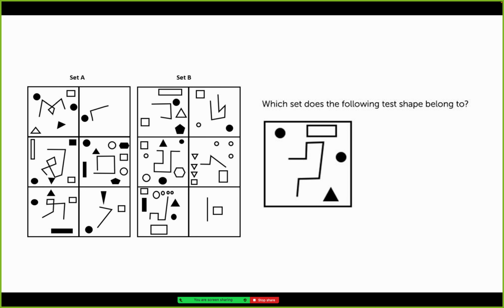So there's a lot going on. So I'll take the simplest box. The top right in set A, there's 2 straight lines, 1 circle. But that doesn't seem to be a relationship. Maybe the black shapes add up to an odd, no, not that.